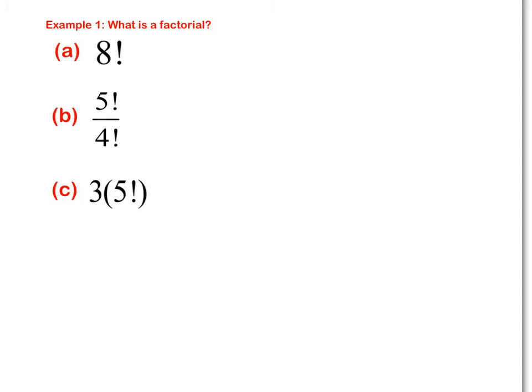So just some quick practice with factorials before we move on to actually using the formulas and talking about permutations. A factorial, 8 factorial, is when we multiply 8 times 7 times 6 times 5 times 4 times 3 times 2 times 1. Now, we can divide factorials.